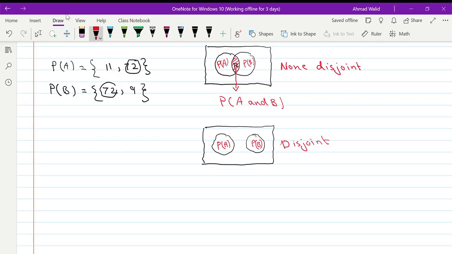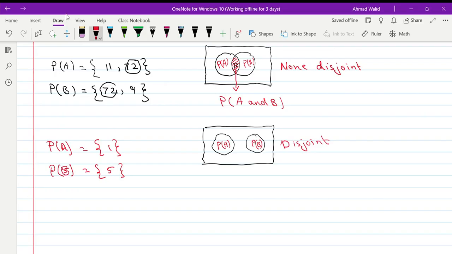For example, probability of rolling 1, if I show this as a set, is like this. Probability of rolling 5. P of A is 1. Let's name this one A. P of B is 5.